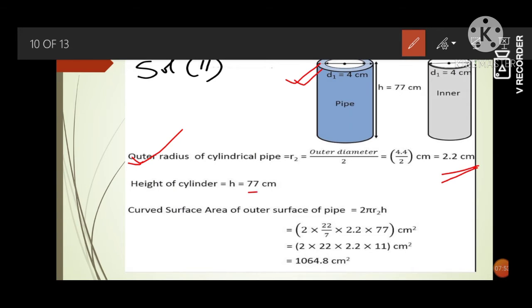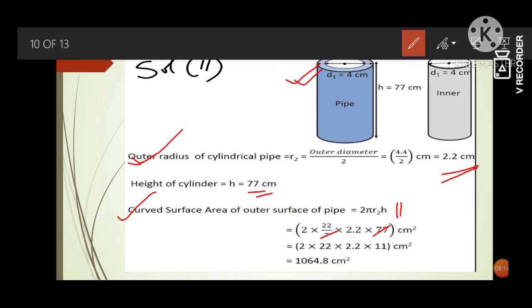Height is same, 77. So the curved surface area of the outer surface of the pipe is 2 pi r2 h. Here 2 into pi is 22 by 7, r2 is 2.2 and h is 77. Again 7 and 77 cancel and we get 11.